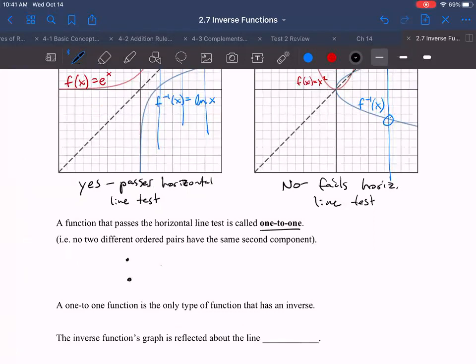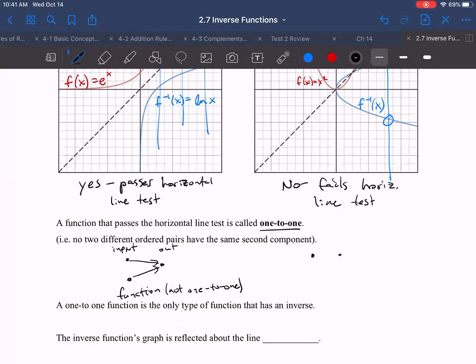If I have two inputs leading to the same output, it's a function, but it's not one-to-one. And therefore, that function wouldn't have an inverse function.